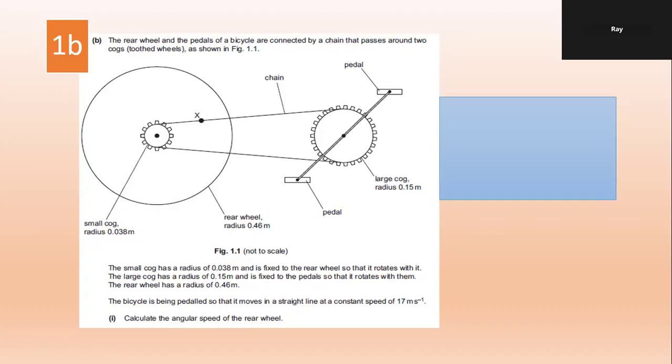V equals r omega, okay. And you can calculate omega. Since the speed is a linear speed, it's due to the motion of this circle rather than this circle. That's why you use 0.46. Okay, 37 radian per second.